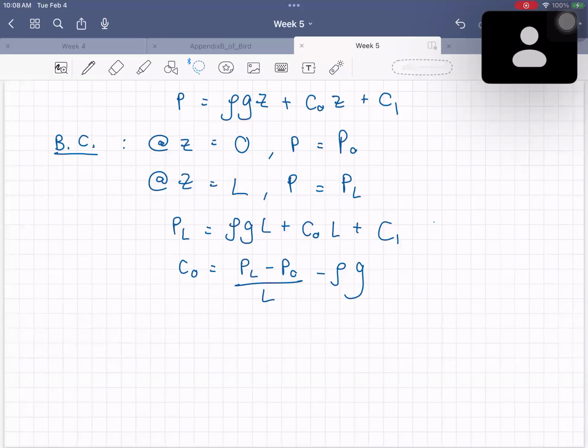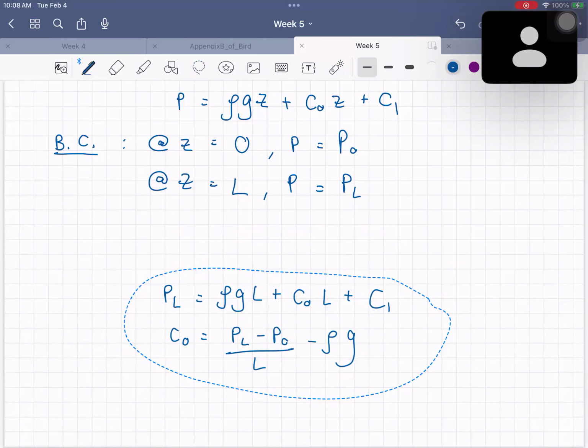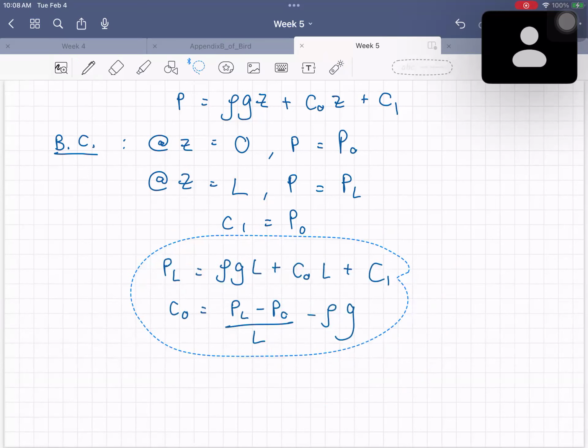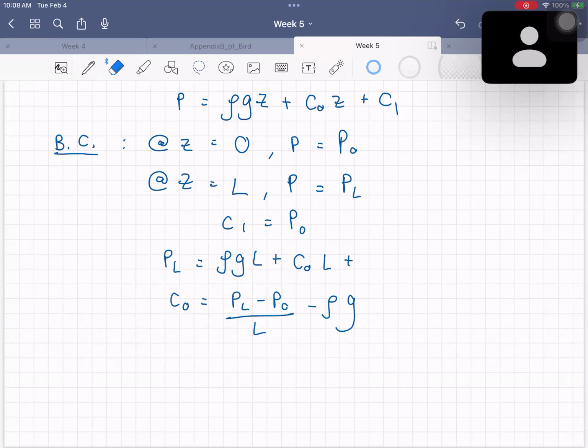Let me move this. Yeah, that's why I'm seeing your face like, oh, what's going on right here? So it will be C1, substitute that, right, equal to P0. Okay.